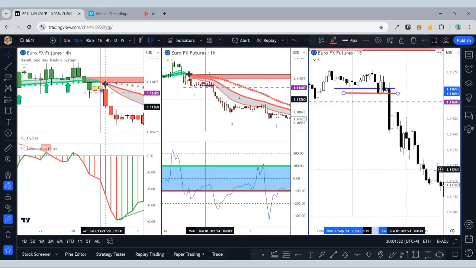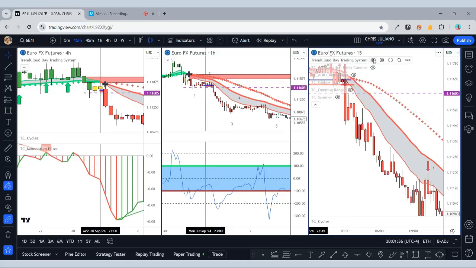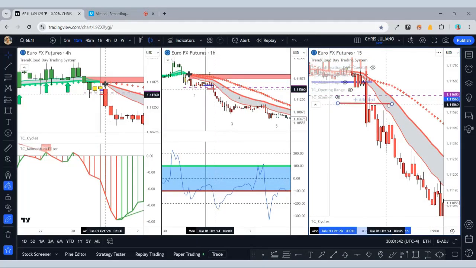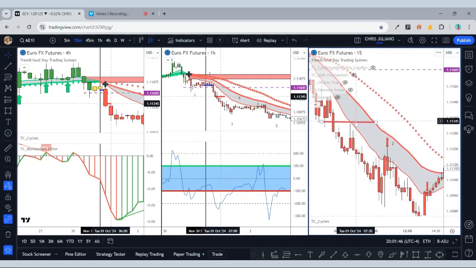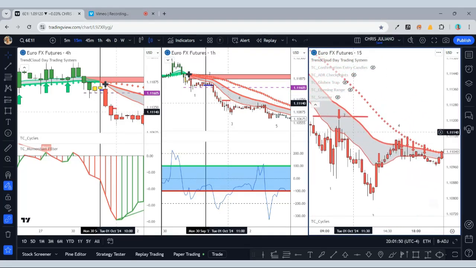You can be taking targets here, or what I like to do is wait for TrendCloud to reverse, okay? So you can take that, let's keep our stop loss, follow this down, follow it down, follow it down, okay?